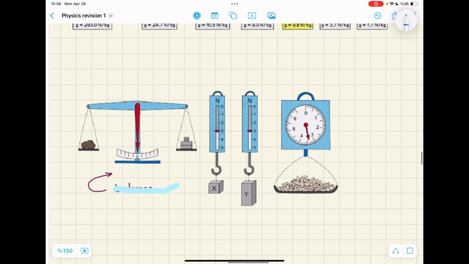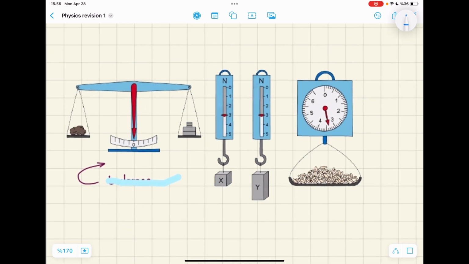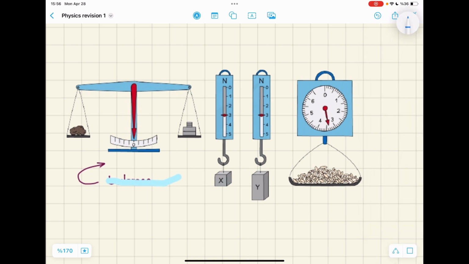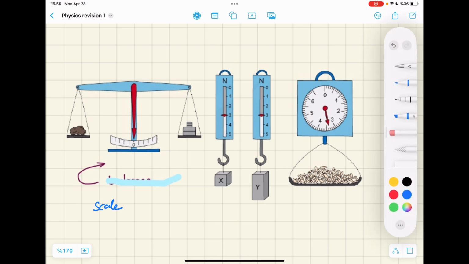Here we also have a scale. So this is something that measures mass, but also something that measures weight in a way. We would say weighing scale, but it is a scale that is measuring kilograms, let's say. And here we would have something called a dynamometer or Newton meter.